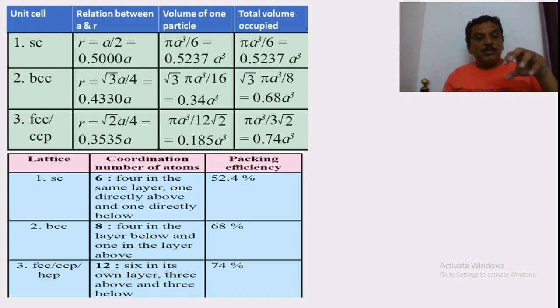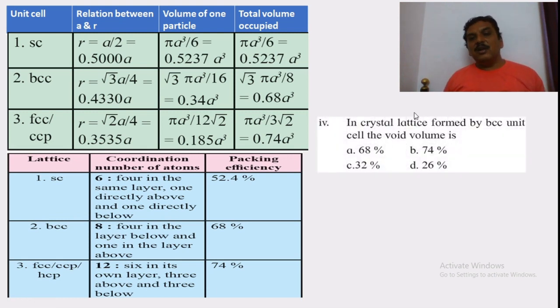If a particle of the body center is considered, there are 4 particles above it and 4 particles below it, but there is a mistake in the textbook. It gives 1 in the layer above, but it is 4 in the layer above and 4 in the layer below. We have to correct this. And 68% volume is occupied, the remaining is unoccupied. And in case of FCC, 74% is occupied, the remaining is unoccupied.